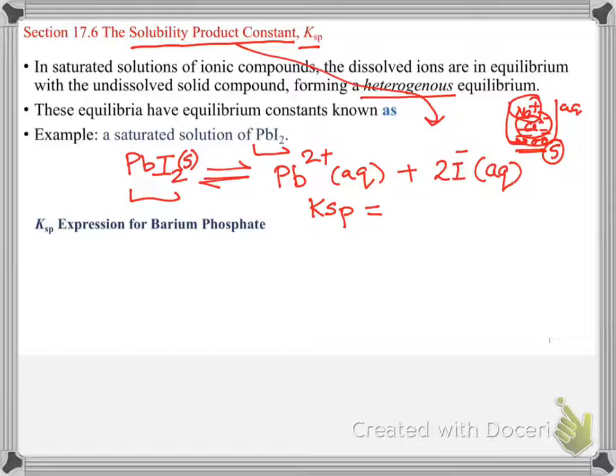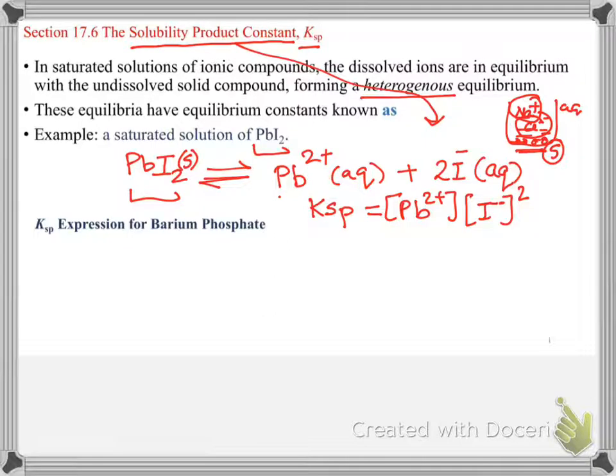We do not put solids and liquids. So KSP equals the concentration of lead ions times the concentration of iodide ions raised to the power 2. So this is the equilibrium constant expression for lead iodide.